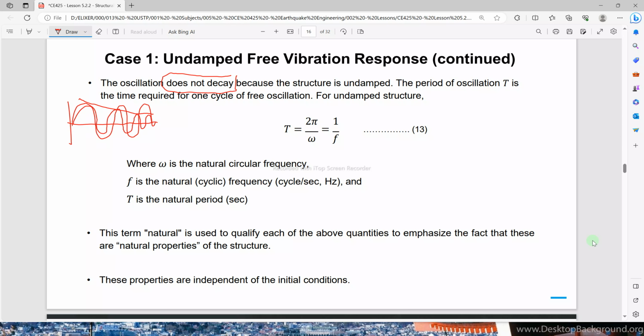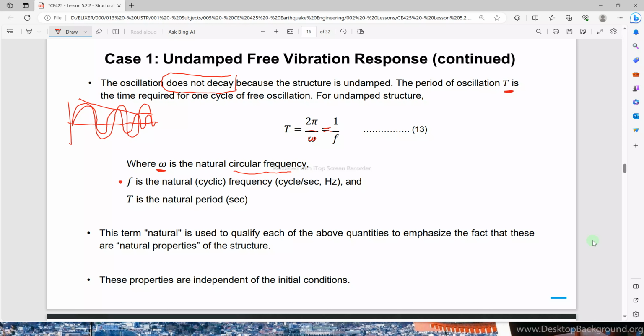So the period of oscillation T is 2 pi over omega, or simply 1 over f. Our omega is again the natural circular or angular frequency. This natural angular frequency is there regardless of whether there is an applied loading or not, the structure will have this natural frequency.